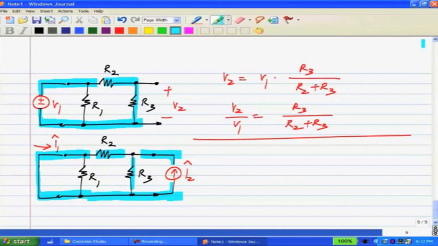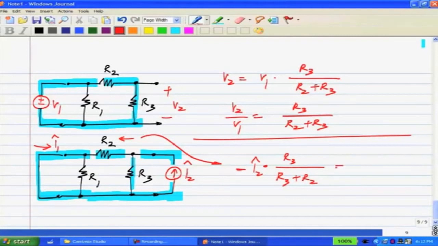Now, the current divides between R3 and R2. The current flowing through R2 in this direction is given by I2 hat times R3 by R3 plus R2. This is from the current division theorem. Now, all of it flows into this short circuit, but this current I1 hat is taken in the opposite direction. So, the actual current I1 hat is minus I2 hat times R3 by R3 plus R2.